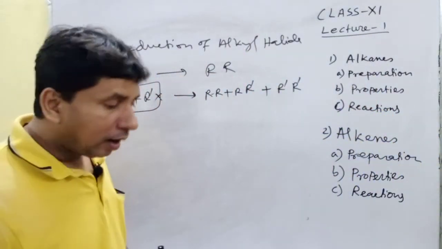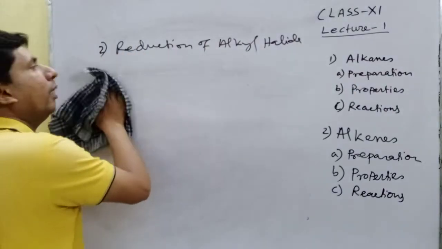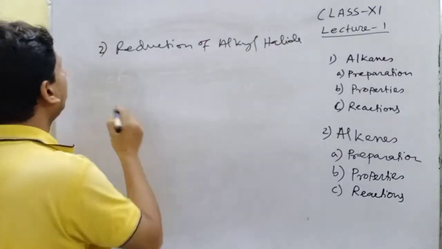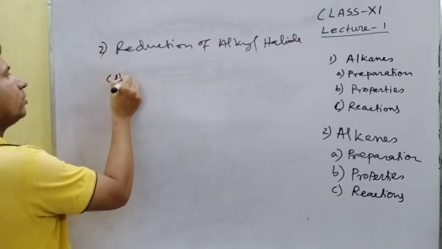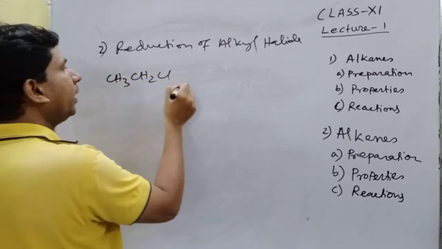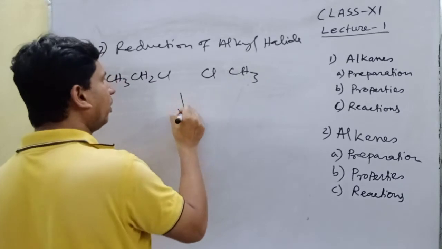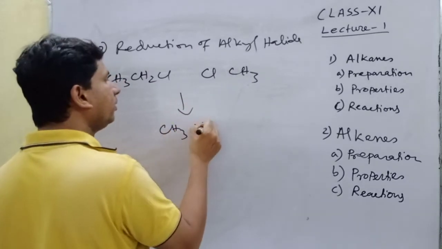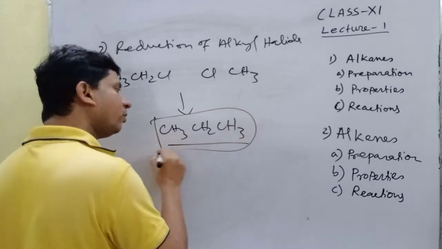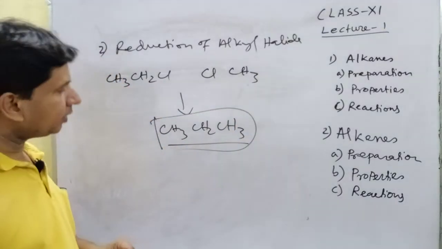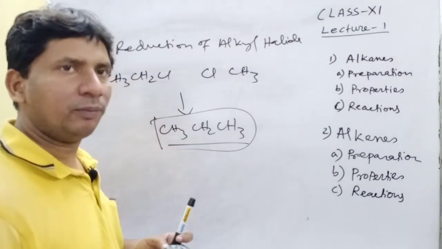So how can we get odd-number-of-carbon-containing alkane? That means if we want CH3CH2CH3 from CH3CH2Cl and CH3, is it possible to get it by a single reaction? No. By the Wurtz reaction it is not possible.